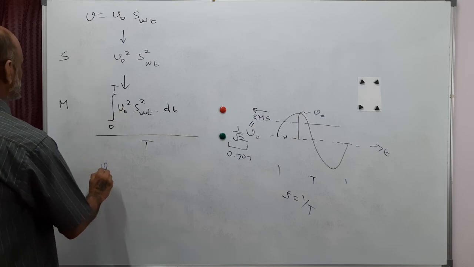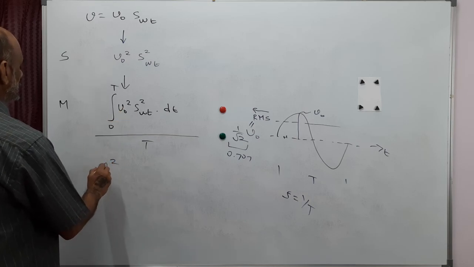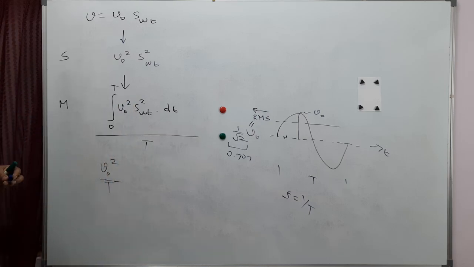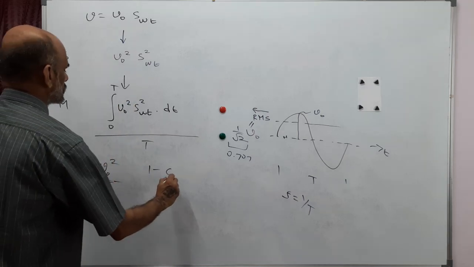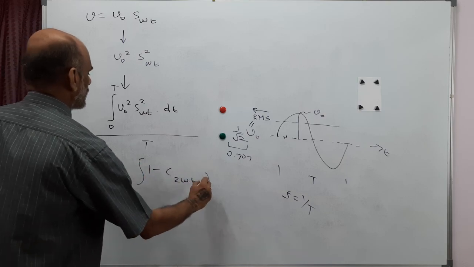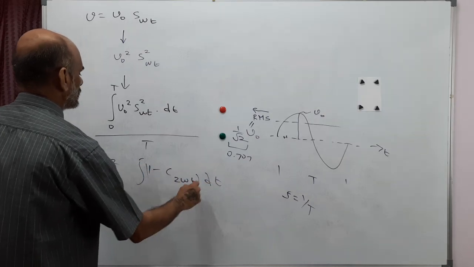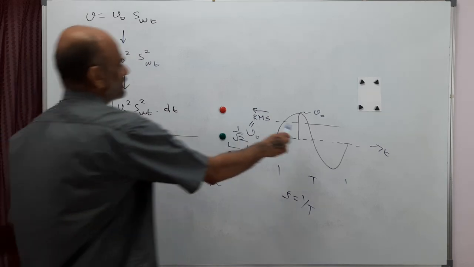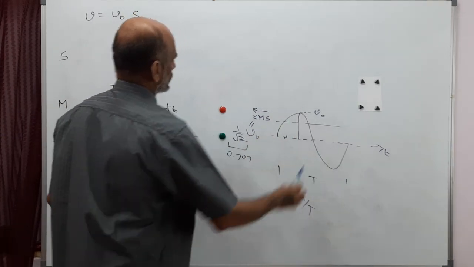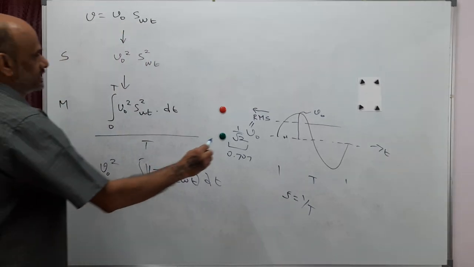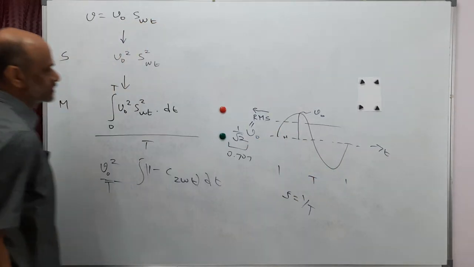V0 square is constant, not a function of time, so it will come out, divided by T. Sine square I can write as 1 minus cos 2 omega t, integral dt. So this has a frequency of 2 omega. Any sinusoidal variation, if you take the average, will be 0 because positive and negative quantities are the same. So for double the frequency also, there will be equal positive and negative.